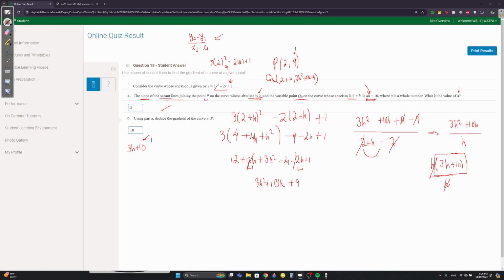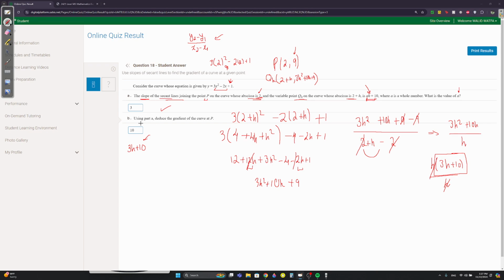She said as h approaches 0, the slope approaches something. So if you want my advice, go to the term 1 week 5 CA and solve that question, because she might get it like that. Make sure you know how to solve it like that. It's the same exact thing, but she added an extra part and said as h approaches 0, then the slope approaches what?